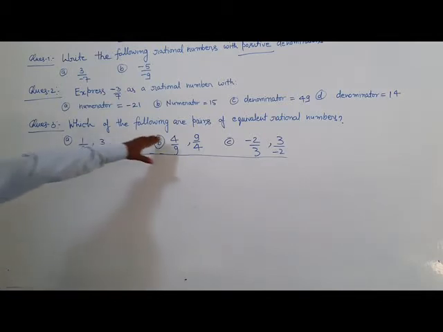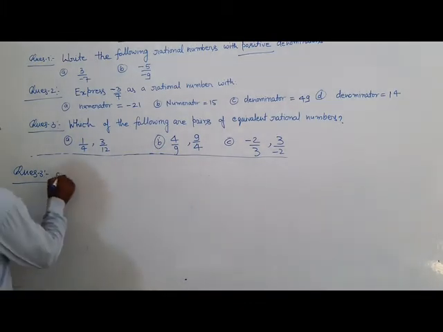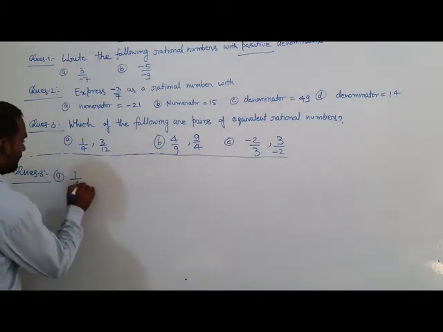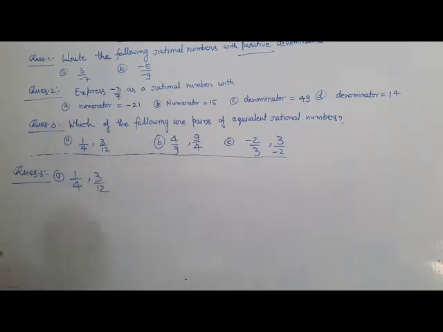Which of the following are pairs of equivalent rational numbers? First is A: 1 by 4, 3 by 12. Solution.